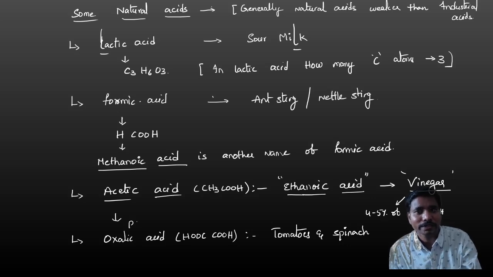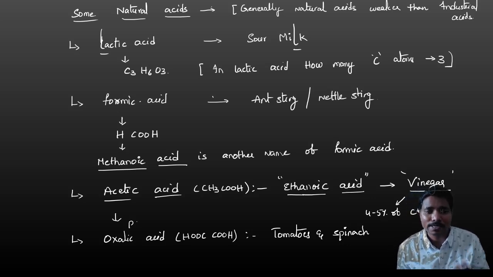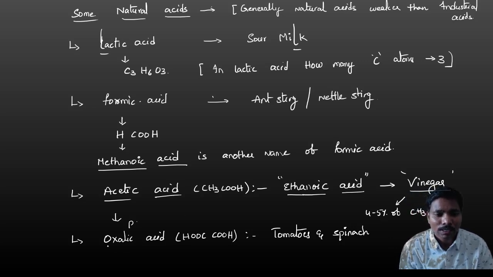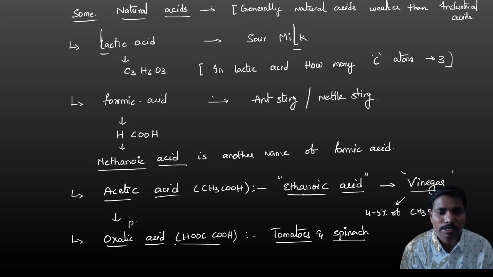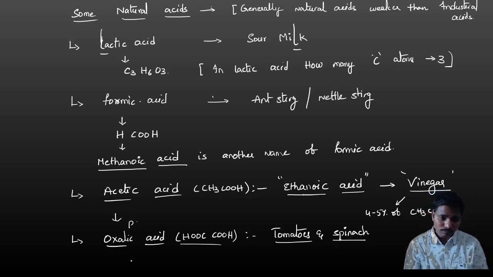But in small quantity, there is no problem. The main reason is that in tomatoes and also spinach, oxalic acid is present, and the content is more. This acid is generally used to clean ink spots on cloths.